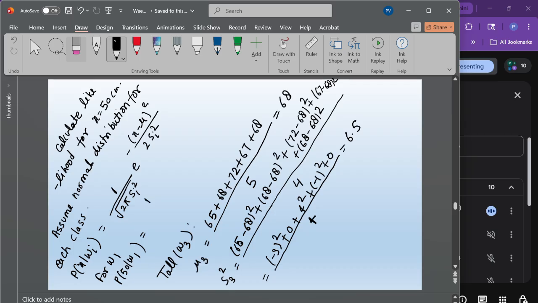So 1 by root 2 pi into 5, e to the power minus (50 minus 45, mu 1 is 45) squared by 2 into 5. So now here we will get 1 by root 10 pi e to the power minus 2.5. Now if you just calculate all these values, that is approximately equal to 0.0146. Okay, similarly we need to calculate for the other two classes as well.